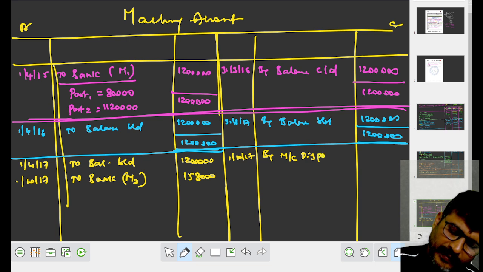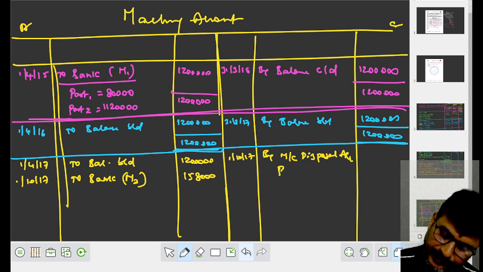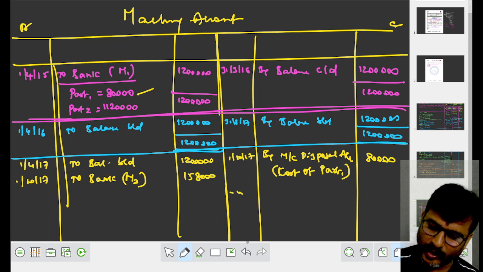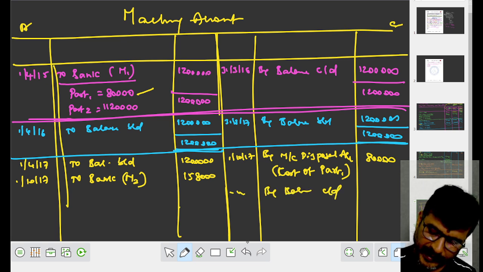By machinery disposal account, that is the cost of part 1. What is the cost of part 1? That is 80,000. Put the dot for the dates. By balance carried on.